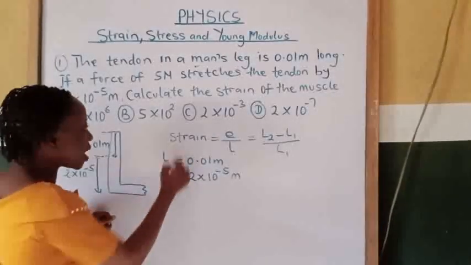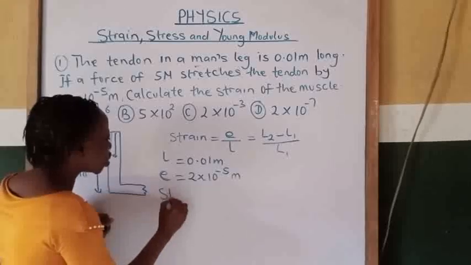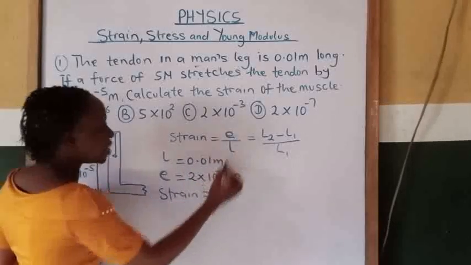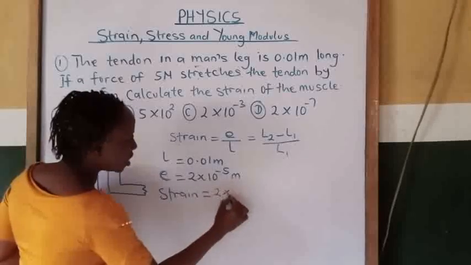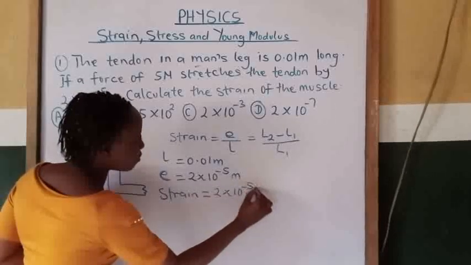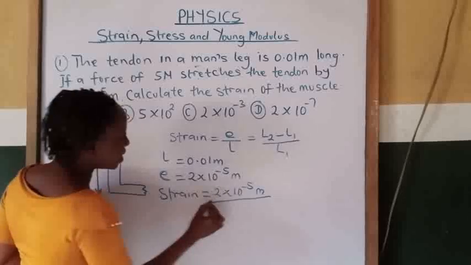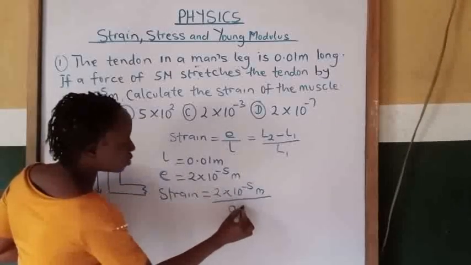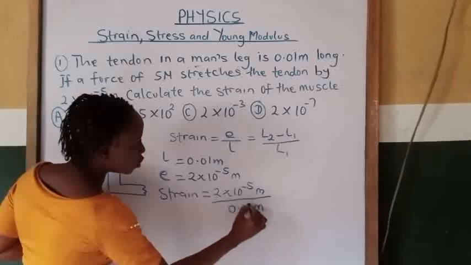From here now we can calculate strain. Strain will be equal to our extension, 2 times 10 raised to power minus 5 meter, divided by the original length of the tendon, which is 0.01 meter.